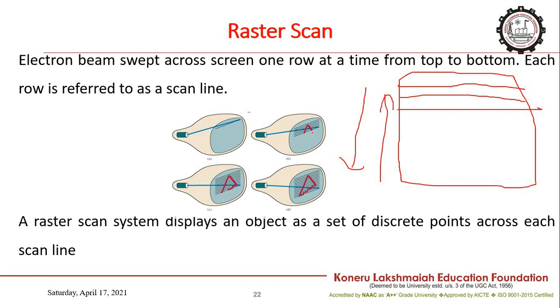I'm not sure about that. Basically the lines follow a route from up to down or from down to up. So our TV works on this raster scan.